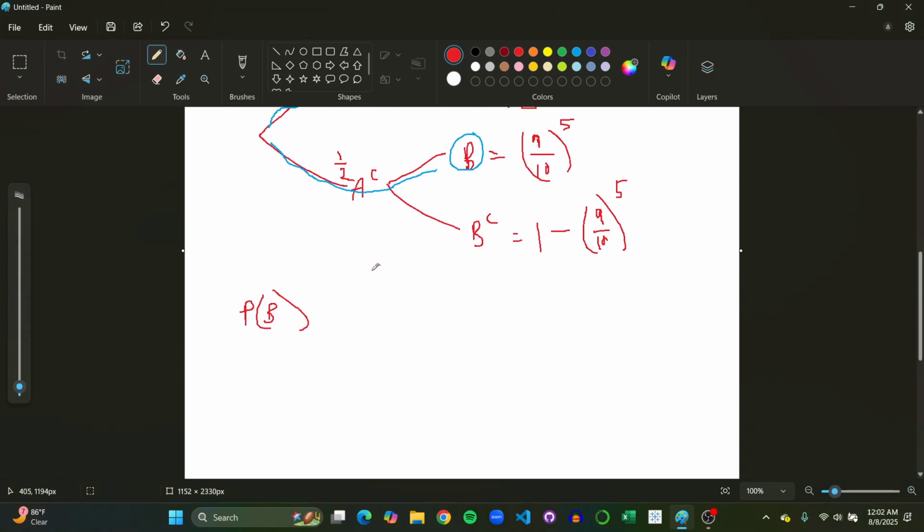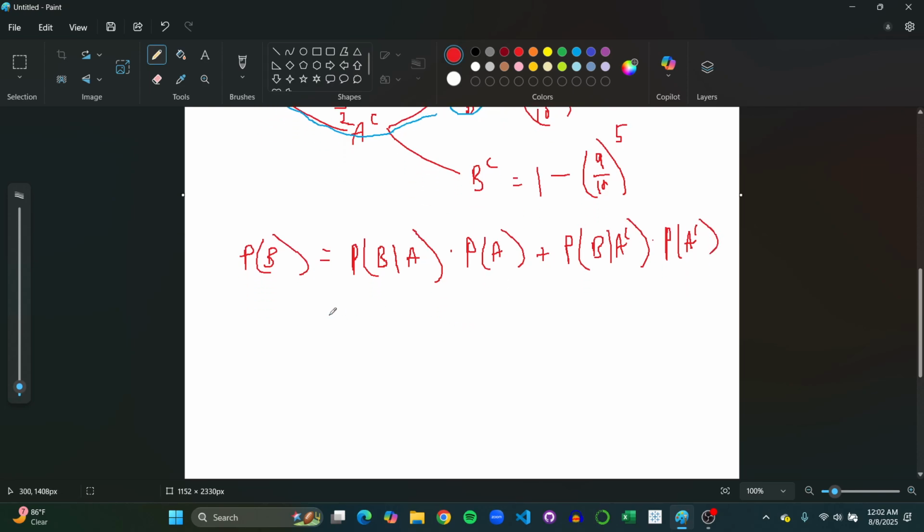So we can say the probability of B is equal to the probability of B given A times the probability of A, plus the probability of B given A complement times the probability of A complement, or P(B and A) plus P(B and A complement).